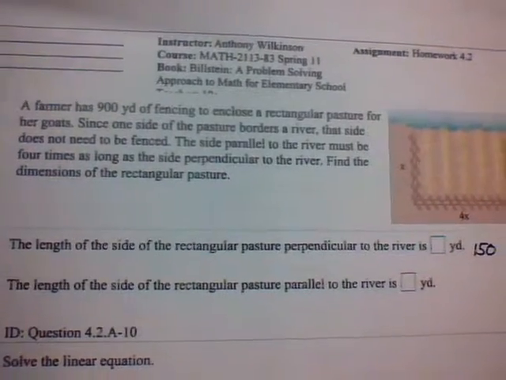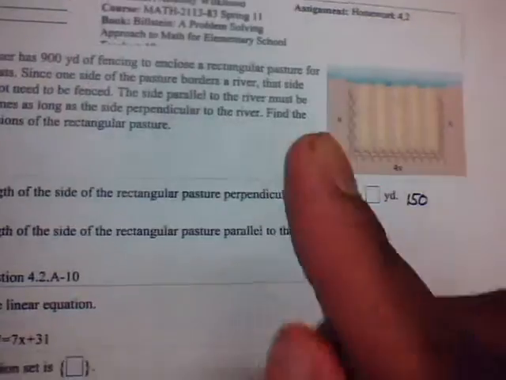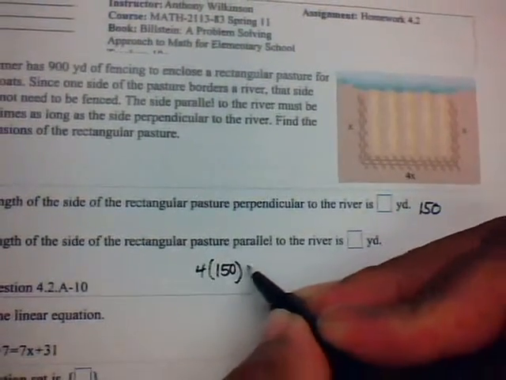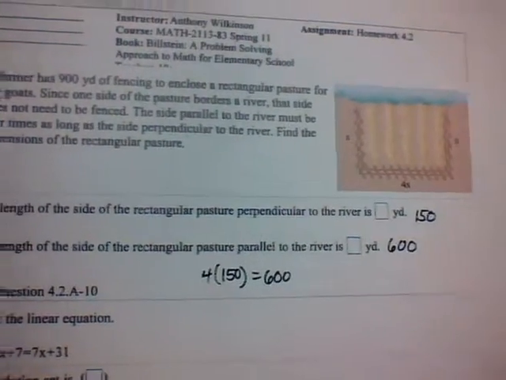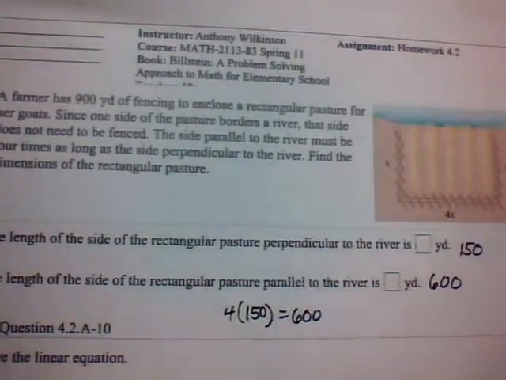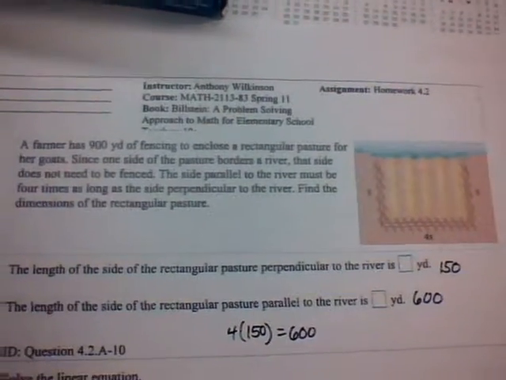And the length of the side of the rectangular pasture, that's your 4x, or 4 times 150, which is 600. So the length of this side that's parallel to the river is 600 yards.